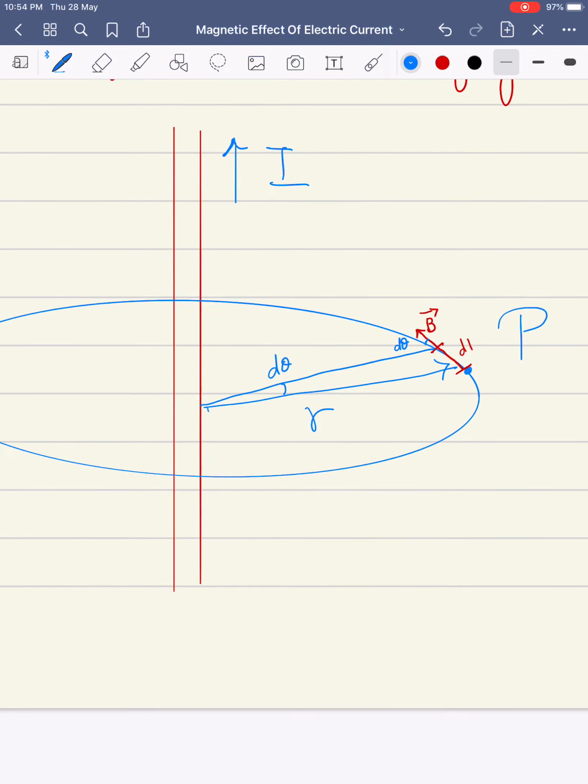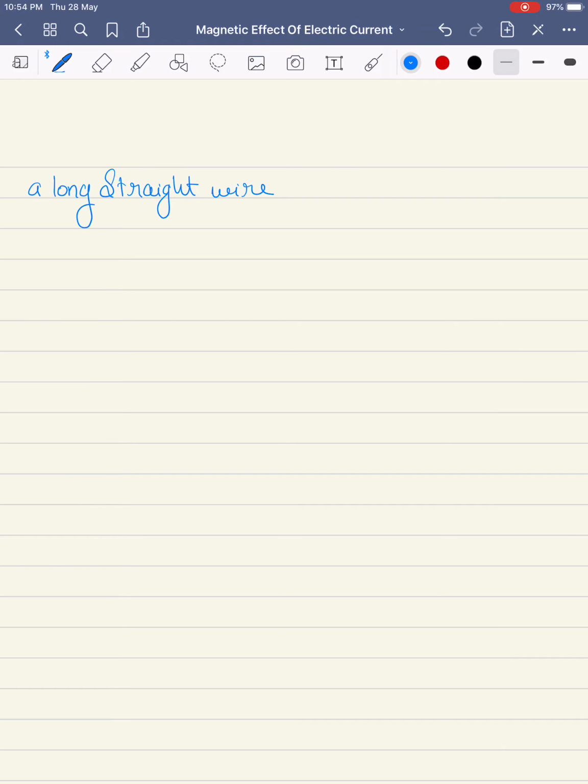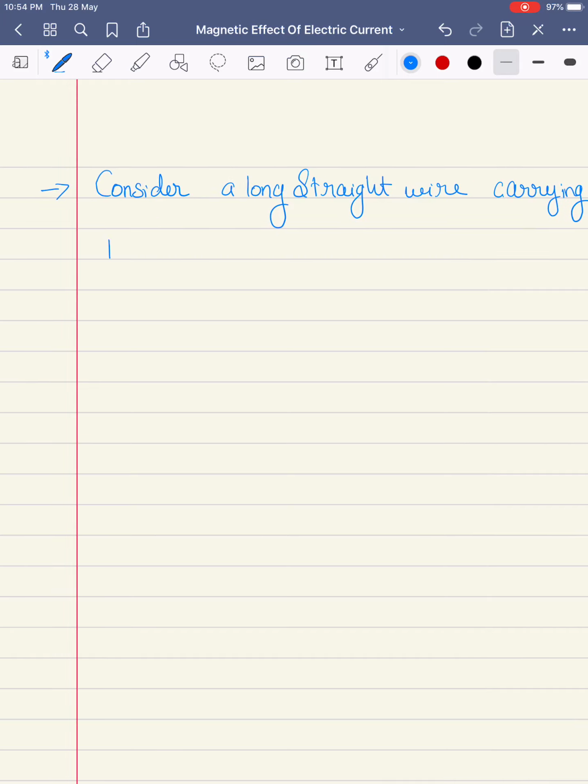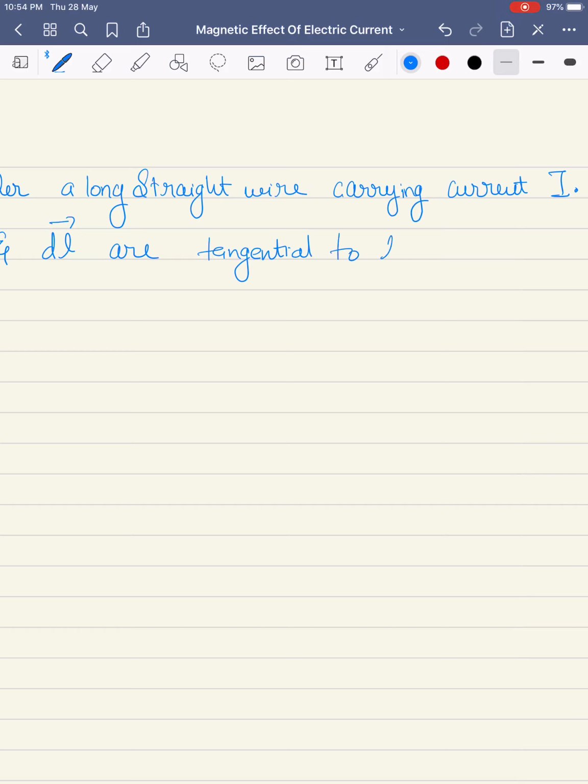Now when I apply Ampere's law here, we first say: consider a long straight wire carrying current I. B bar and dl are tangential to the Amperian loop.